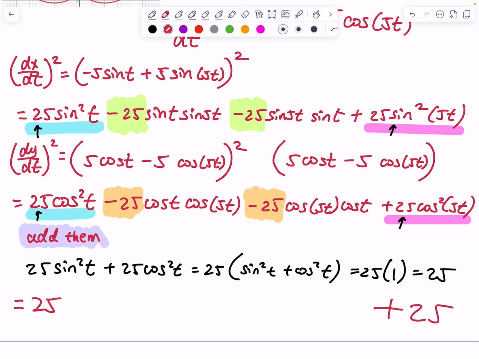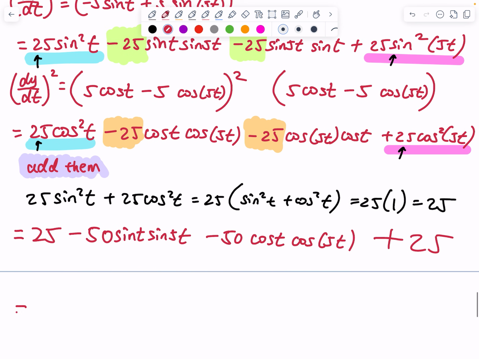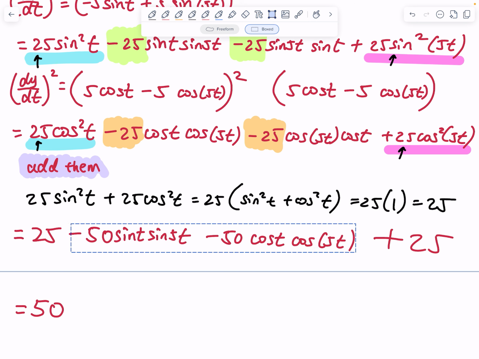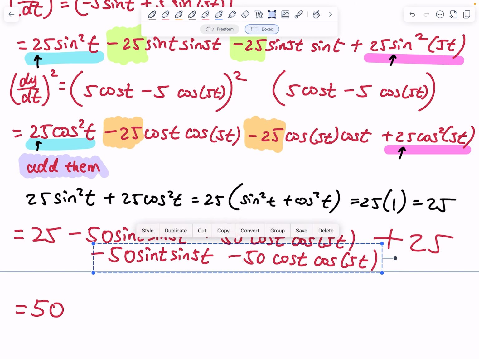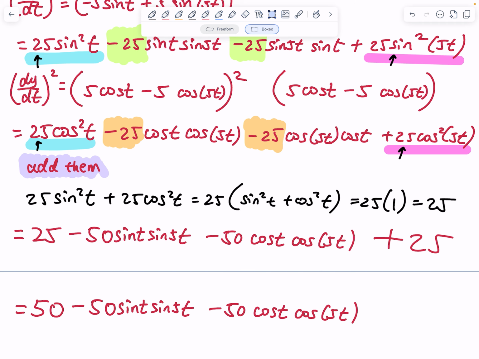And then in the middle, I have minus 50 sine t sine phi t minus 50 cosine t cosine phi t. Okay, everything looks good. And then the 25 plus 25, I can do a 50. So this one, I will just do a 50, and then the rest, I can easily duplicate that, but you may take time to handwrite this on your paper.